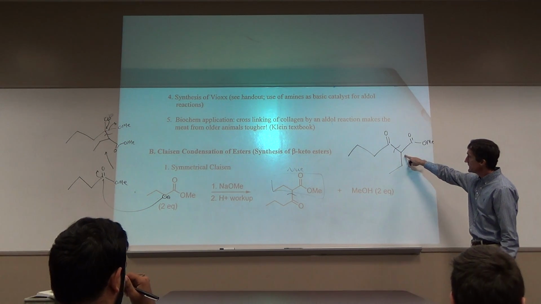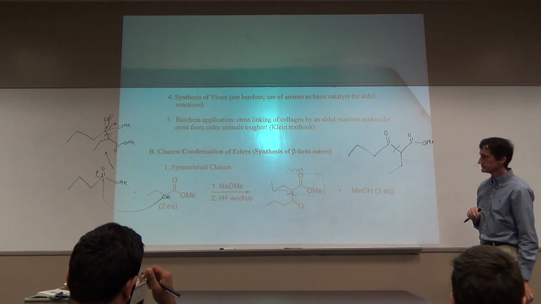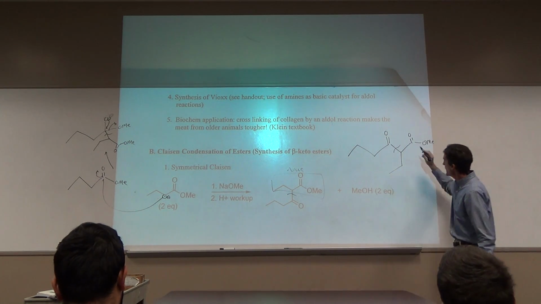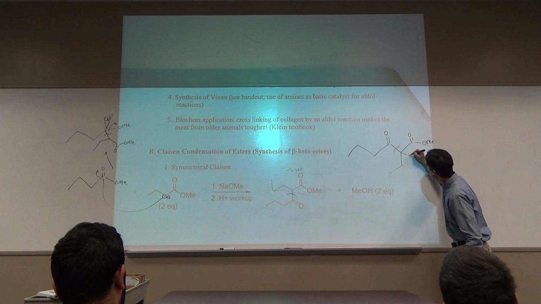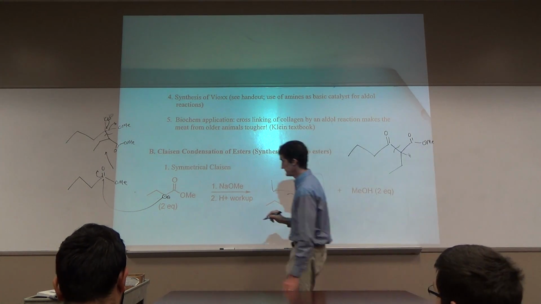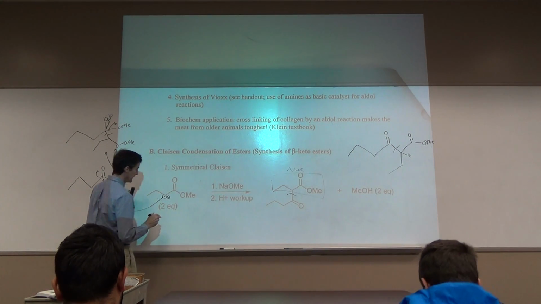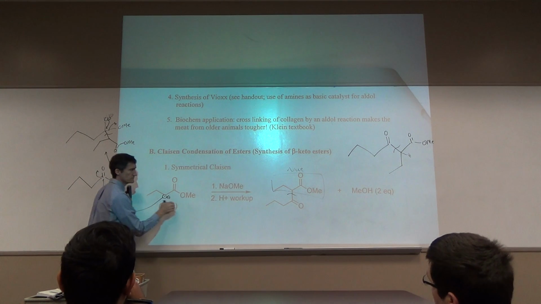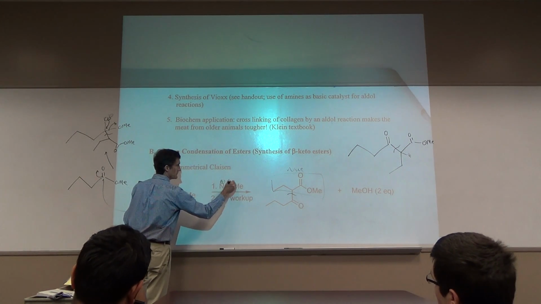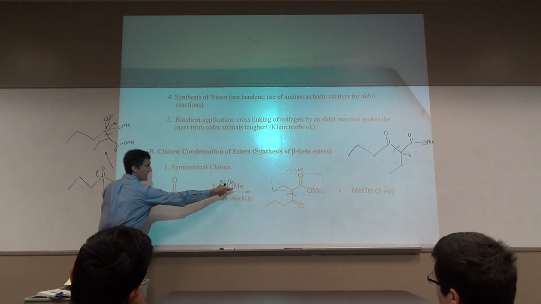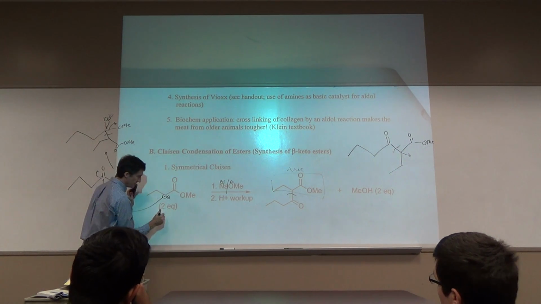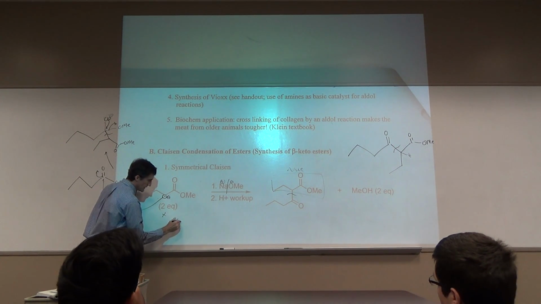Okay, this is not the end of the reaction though, because we got this H here. First off, come back over here. How do we make this anion? By taking H with the OMe. Methoxide took an H to give the anion plus what? Plus methanol.